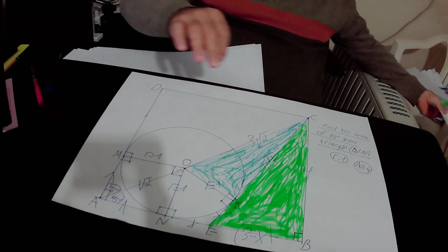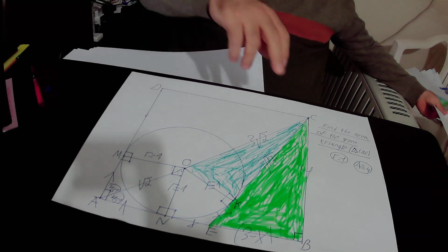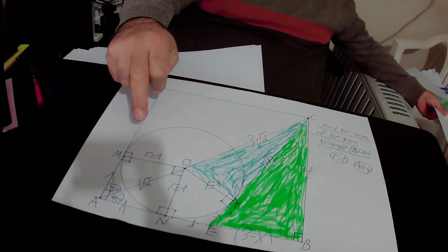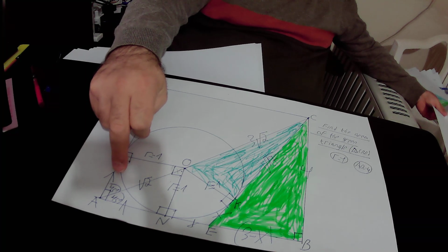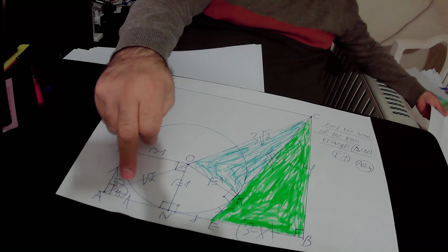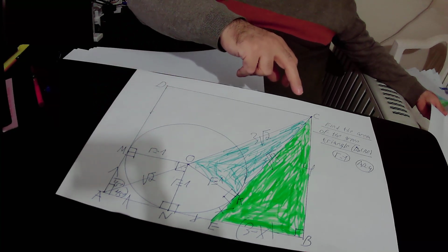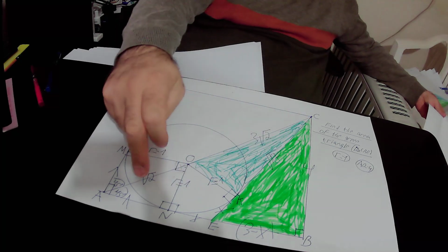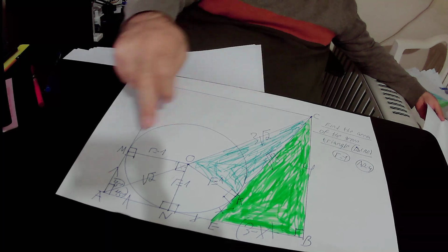Likewise, in square ABCD, the diagonal CA bisects the same angle into two angles of 45 degrees. That is to say, this angle equals 45 degrees, and this angle also equals 45 degrees. Therefore, according to rule number 6, angle CAB also equals 45 degrees, because ABCD is a square and CA is a diagonal.